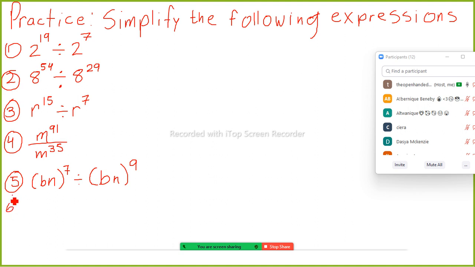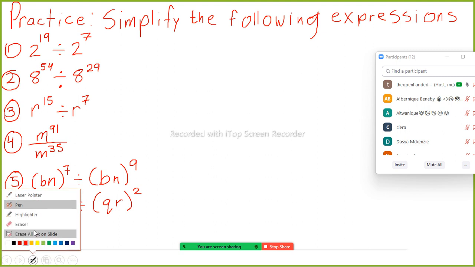What if we have QR to the power of 18 divided by QR... no, this is not nice.